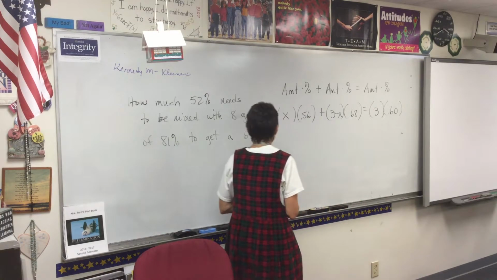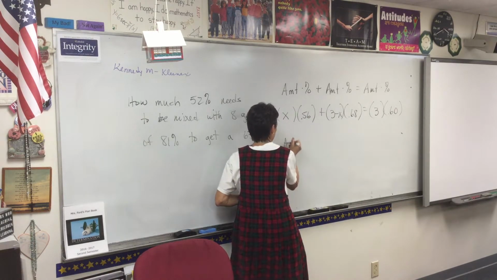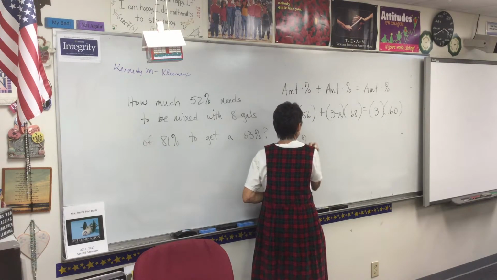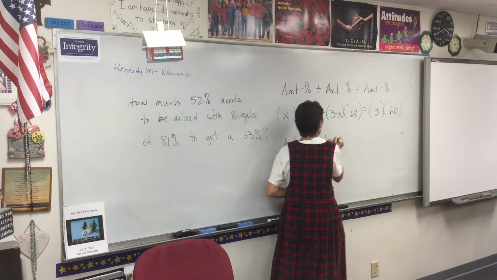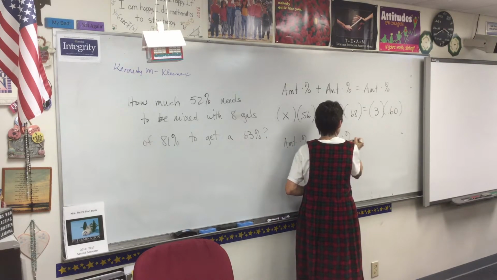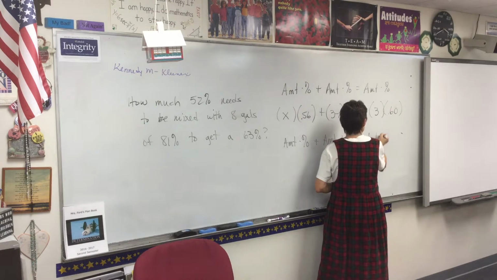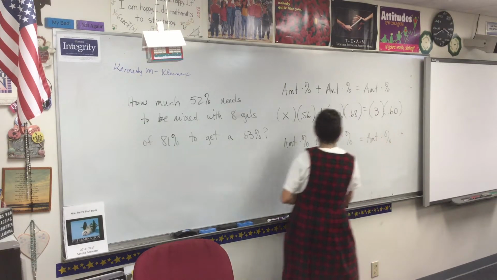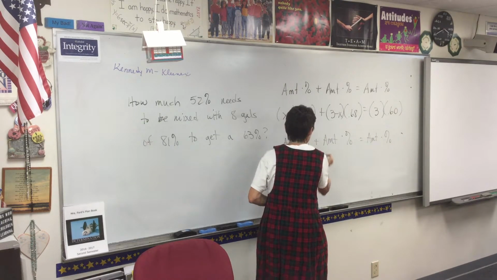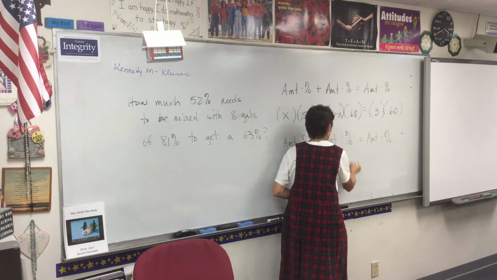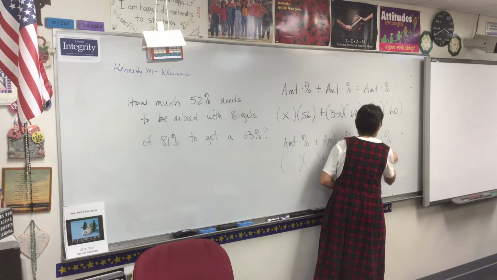So our formula, again, is amount times percent plus amount times percent equals amount times percent. And I have 6 things to fill in.